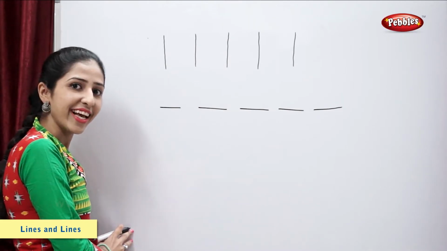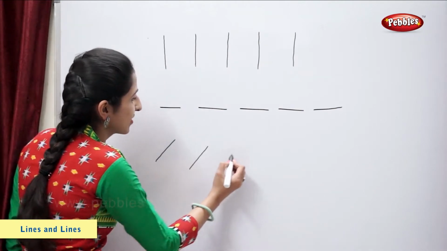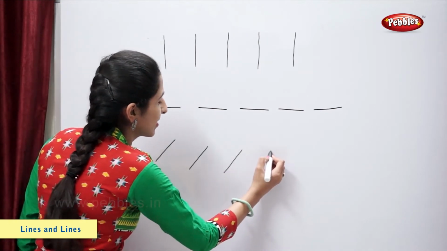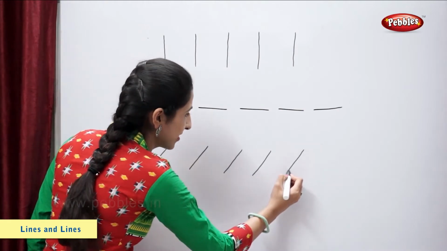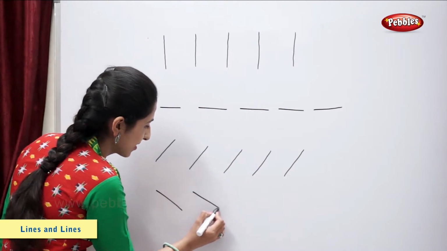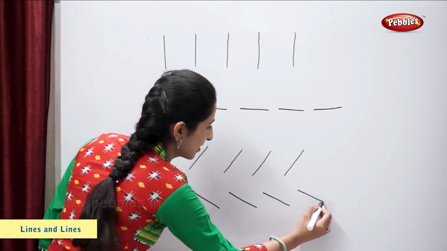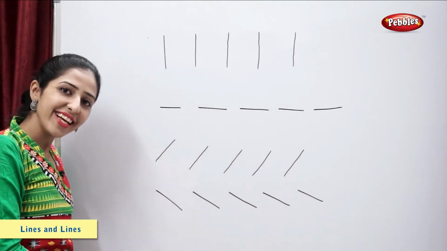Now, slanting lines. These are slanting lines. Students, we can draw lines directly with our hand or using a ruler or using a notebook or with a compass box.